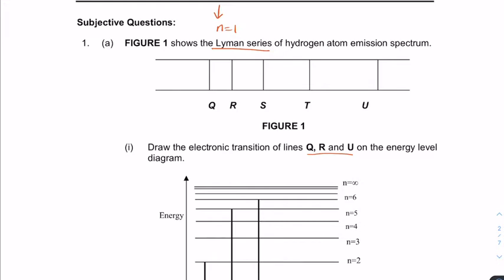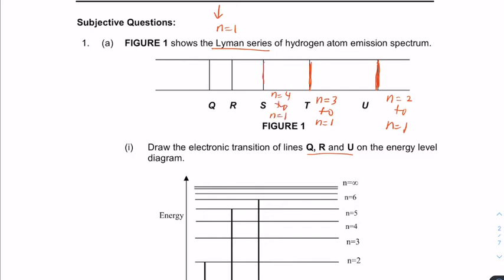Okay, the biggest distance means the smallest transition. Now, this one line refers to n2 to n1, and then for T it will be n3 to n equal to 1, and S will be n4 to n equal to 1.